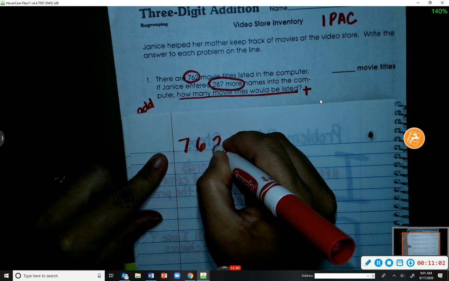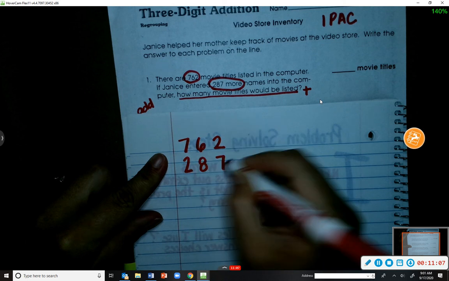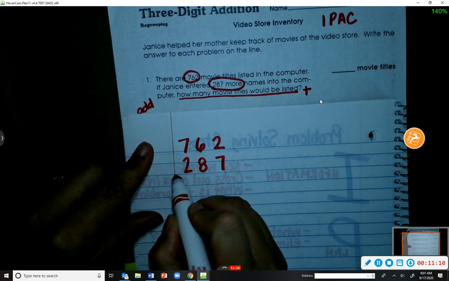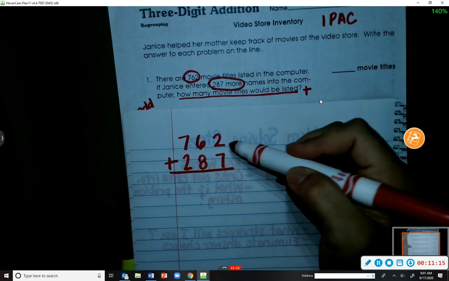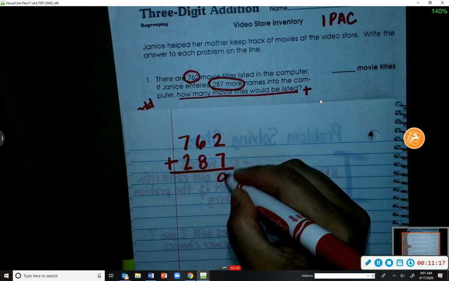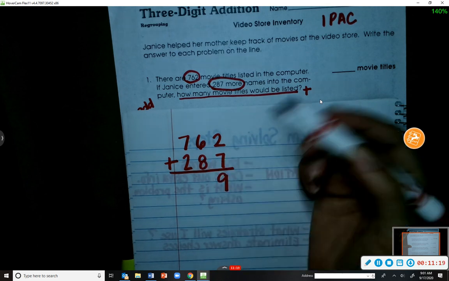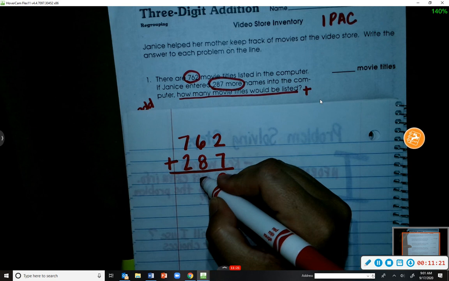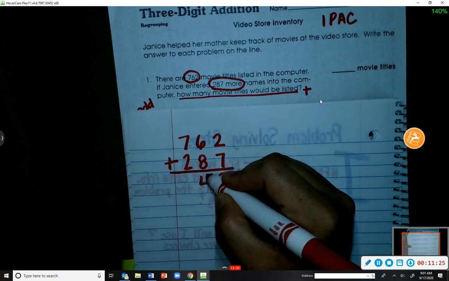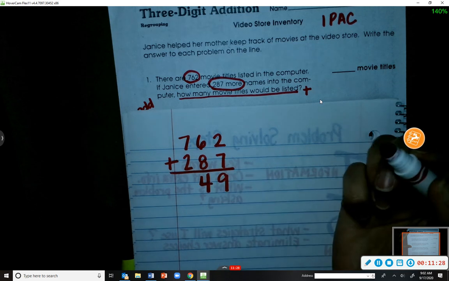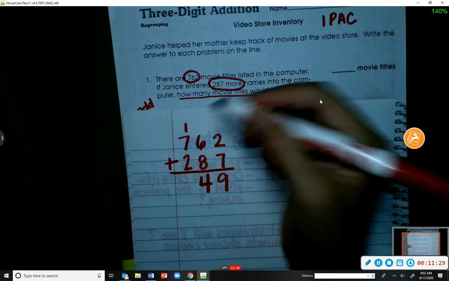And notice each digit lines up. We start in our ones place. 2 plus 7 is 9. 6 plus 8 is 14. Now you should remember that we can't put a 2-digit number in one place. So I put the 4 down and I need to carry the 1.